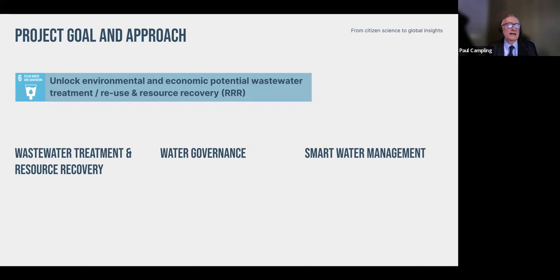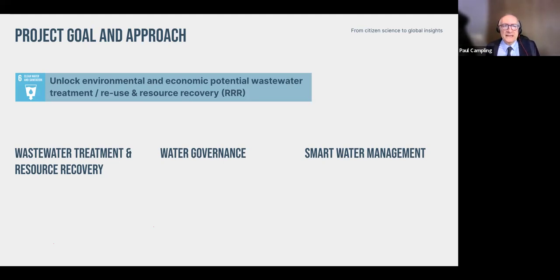And also, as we don't want to use valuable drinking water for irrigation, we want to use the wastewater instead for irrigation rather than using our valuable water resources. So basically, our approach is to promote the circular economy and treat wastewater as a resource and a source of revenue rather than a burden or a cost to society.